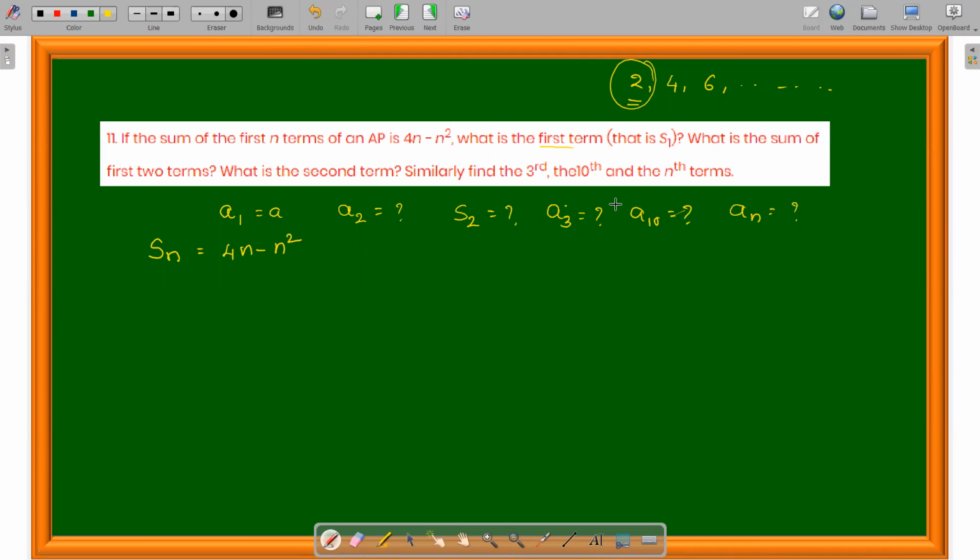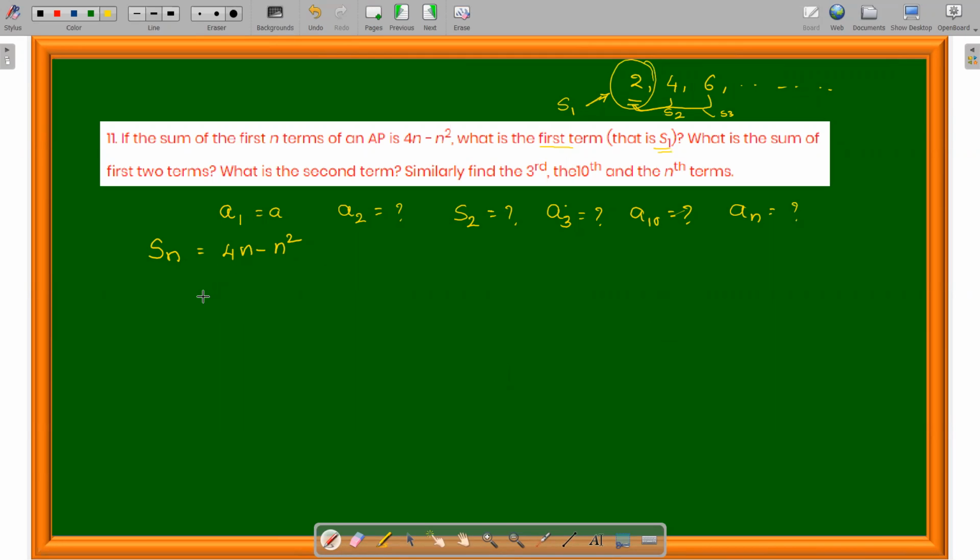So the sum of the first term, how do we get the first term? Simply S1. If we add both of these, that becomes S2. If we add all these three, that becomes S3 and so on. Correct? And n terms if we add, that becomes Sn. That means if only one term is there, the first term, we can consider it as the sum of the first term.